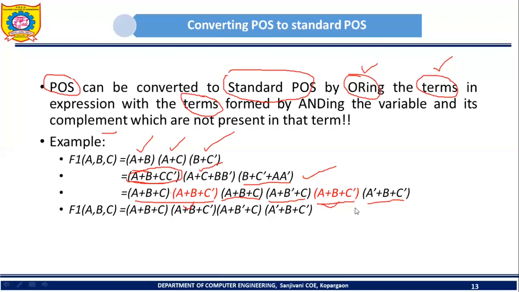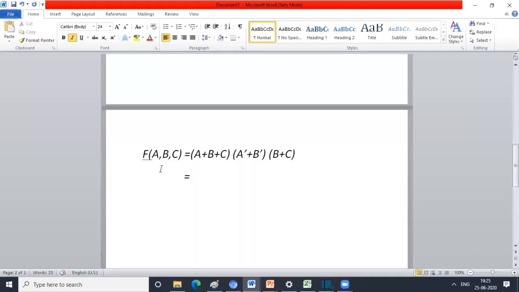Now let's see one more example so that this process will be clear to you. So now consider this function f of ABC is equal to A plus B plus C, then in the other bracket A bar plus B bar, in the third bracket B plus C. So first of all, tell me whether it is SOP or POS. Yes, it is POS, product of sum term.